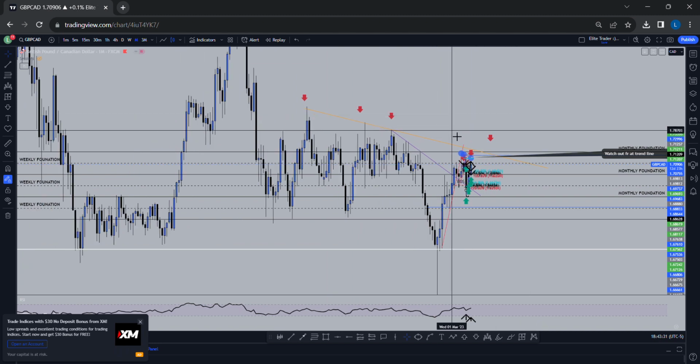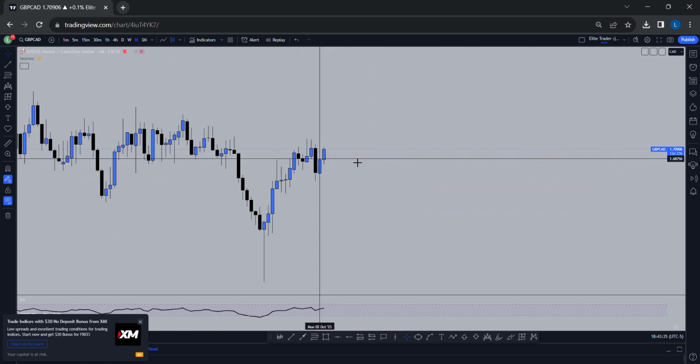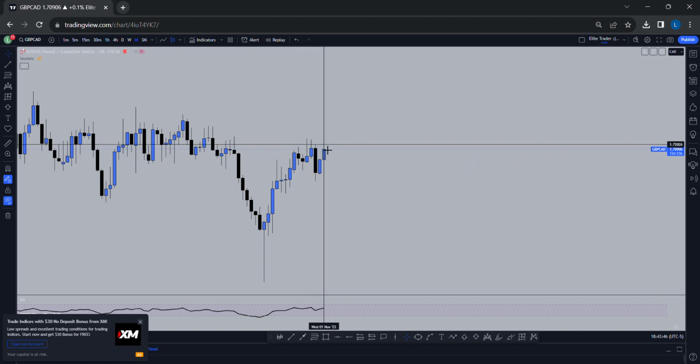Just something to mention. Not only that, now looking at the monthly candlesticks, we do have a lot of bullish momentum or bullish candlesticks. We do have sellers, buyers exhaustion as well at this particular level, which is a psychological level of 1.7200.